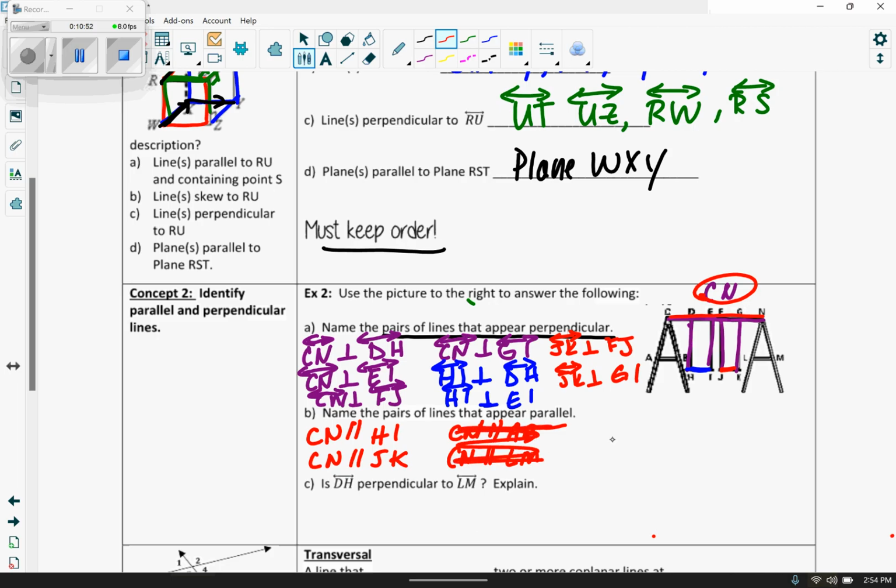So I'm going to really stick with that. Yeah, that's pretty much it. Next one, perpendicular to LM. Well, LM is DH. Is DH perpendicular to LM? They're not on the same plane, so no.